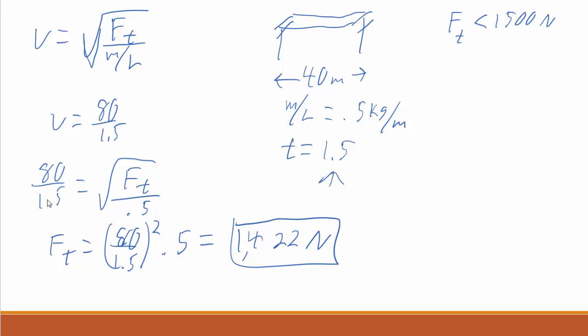And if our time had come back something less than 1.5, then our velocity would have been greater, which would have meant greater tension, and so we would have needed to decrease the tension in that case. But anyway, there's another example, and good luck on your homework.